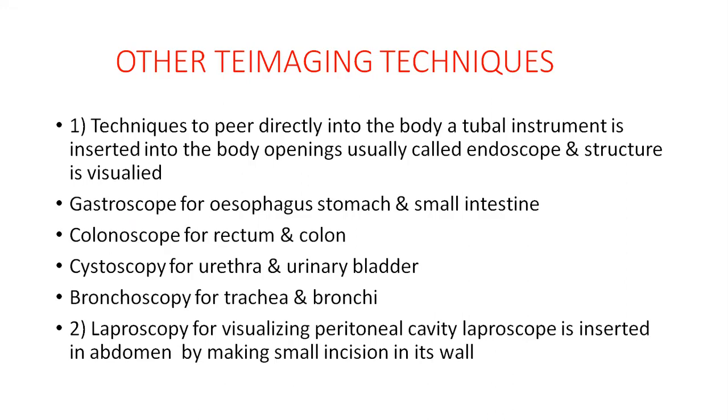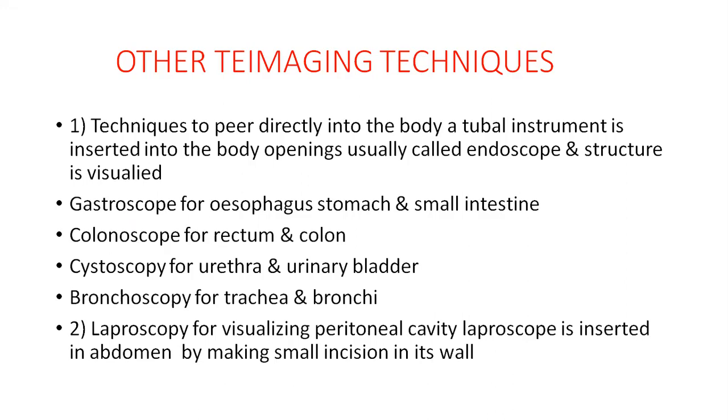Another one is the colonoscope. With the help of the colonoscope, we can do colonoscopy for examination of the rectum and the colon. In cystoscopy, we visualize the urethra and the urinary bladder.